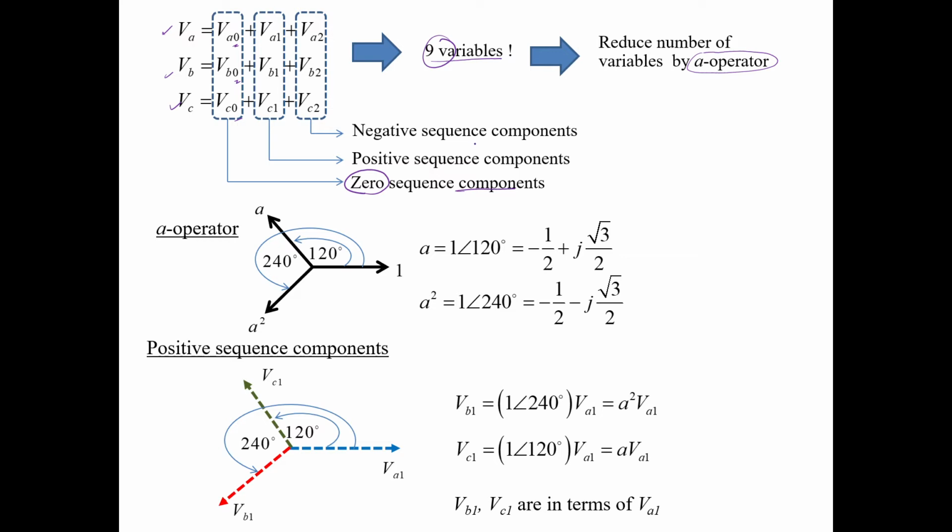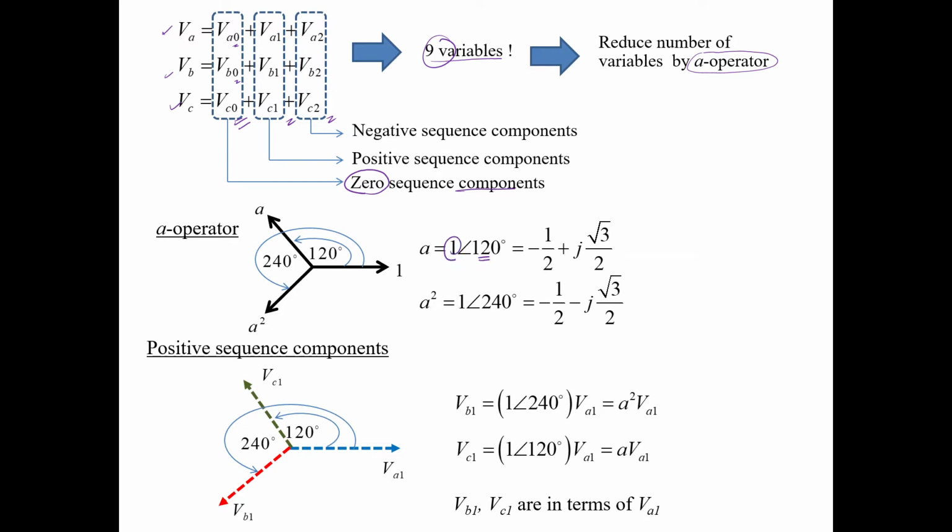We have to analyze the components of each of these 3 groups. Now we define the A operator. The A operator is like a unit vector with the angle displacement of 120 degrees, with magnitude 1 and angle 120.